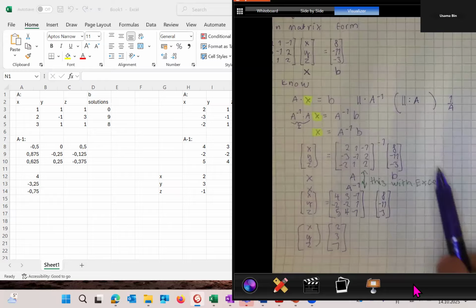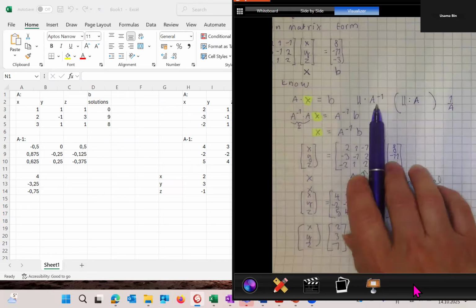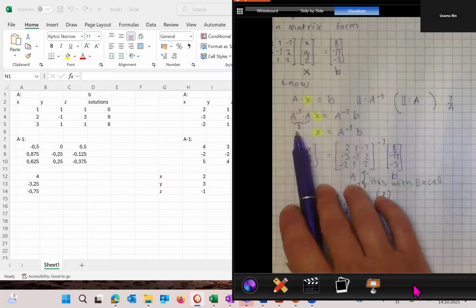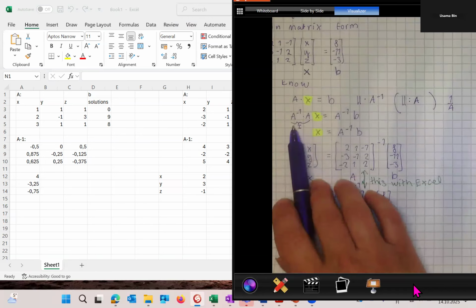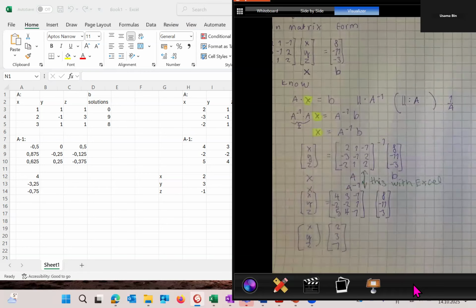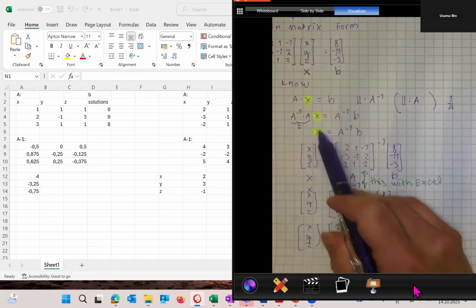So then if I multiply it with the inverse of A, I would get the identity matrix, which in matrix world is the same as the number 1 with normal numbers. So if you multiply something with 1, or divide anything with 1, it's still the same, yes?